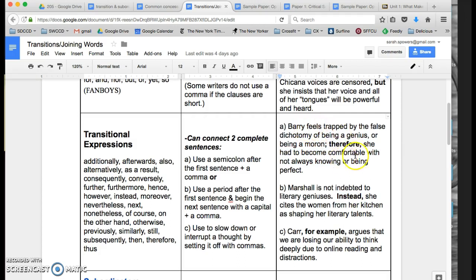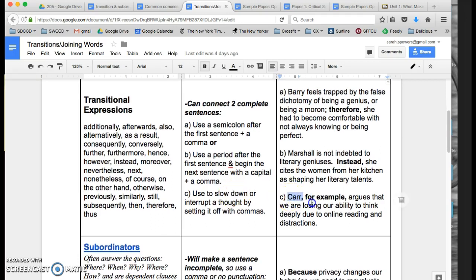So this is 2 complete sentences with the word therefore or instead or whatever that transition is. So you have to use a period, the word, and a comma, or semicolon, the word, right? So we're paying close attention to detail here, not capitalized, and comma. Okay.